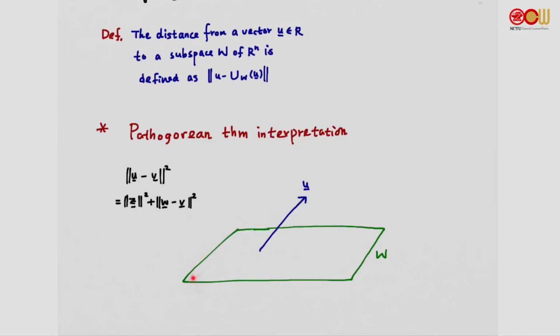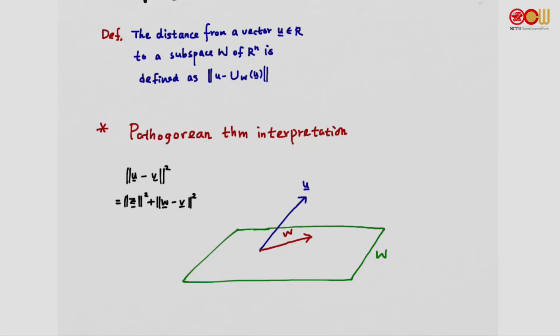Suppose we have the subspace W here, and this is a u vector, and the orthogonal projection of the u vector on W is this w vector.